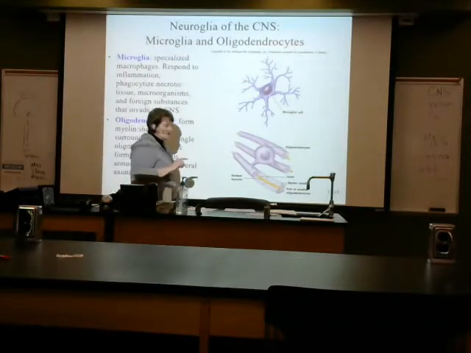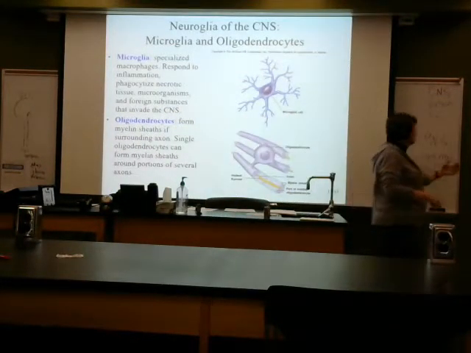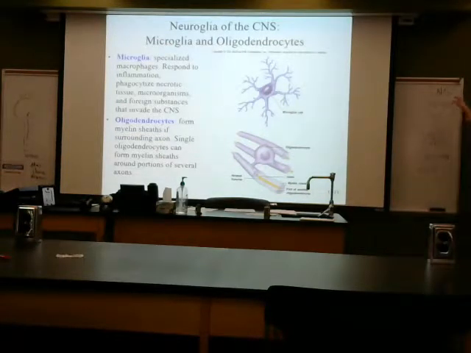Because I have my central nervous system, my CNS, and my peripheral nervous system, I'm going to find glia in both. There are some differences, and they're pretty major. When we look at the glial cells of my central nervous system, note that's what I'm trying to let you know on this slide right here.